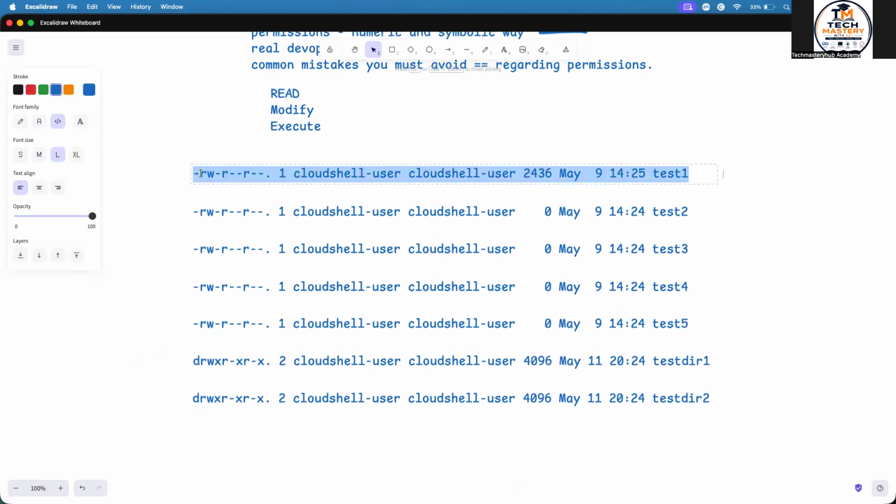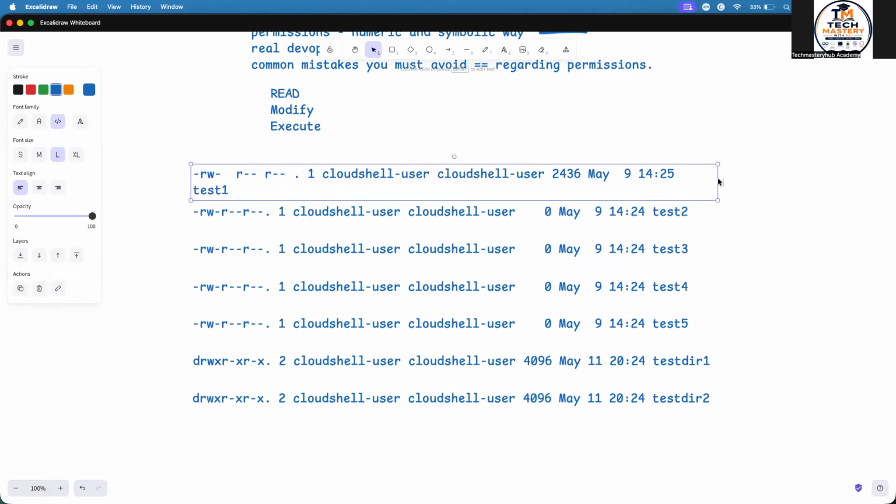Okay, now let's see the permissions. So after dash you can see this R, W, then dash. These 3 are the permissions of the owner. Then there is R dash dash, this is the permission of the group, and then there is again R dash dash, that is the permission of the others.